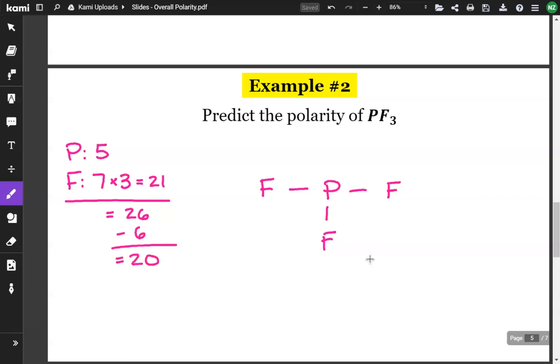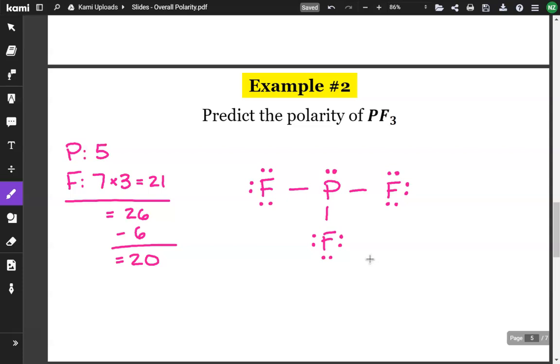And then let's start placing our lone pairs. Each fluorine has 2 from the bond. It needs 6 more. 3, 4, 5, 6, 7, 8, 9, 10, 11, 12, 13, 14, 15, 16, 17, 18. And then I have 2 more. Those are going to go on the phosphorus.